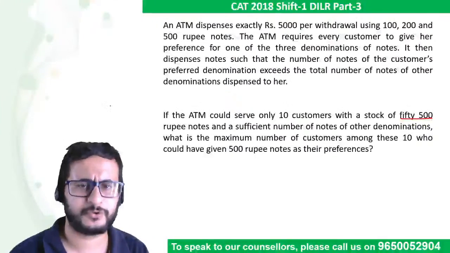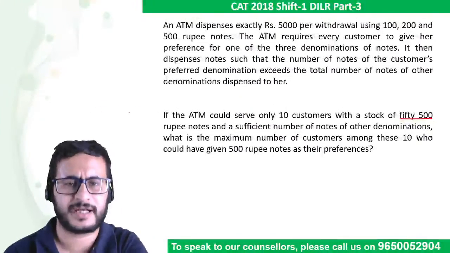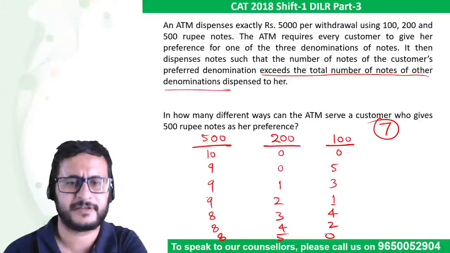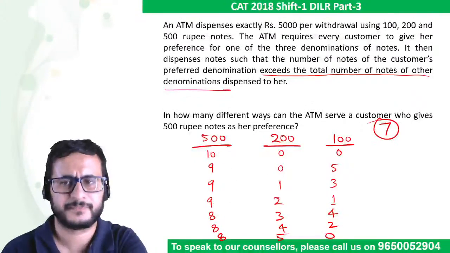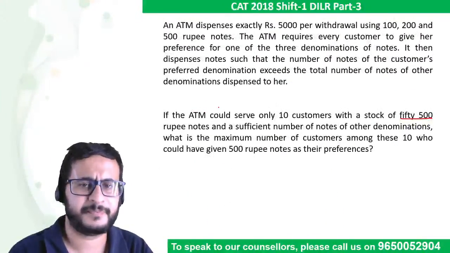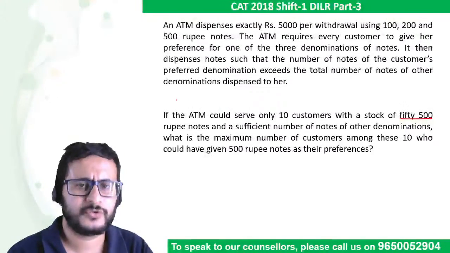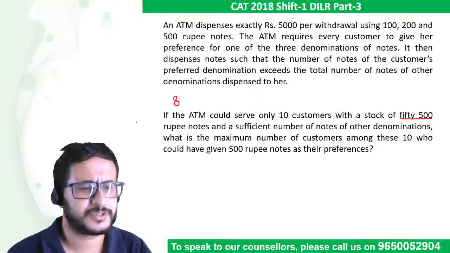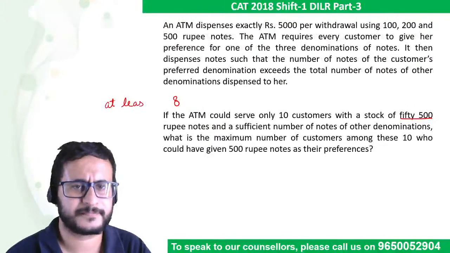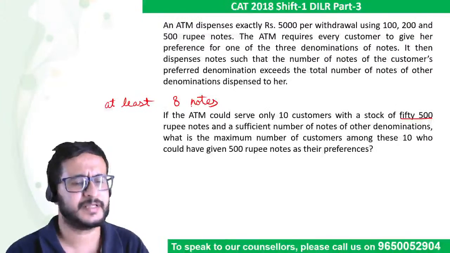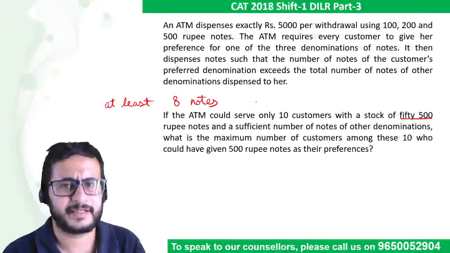Now, if you go to the previous question, we saw that 500 rupee preference can be given in these many ways. So if you give a 500 rupee preference, you have to get at least 8 notes, right? You draw either 8, 9, or 10 notes.